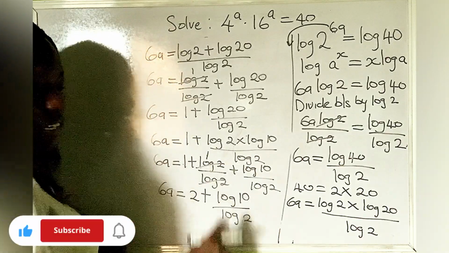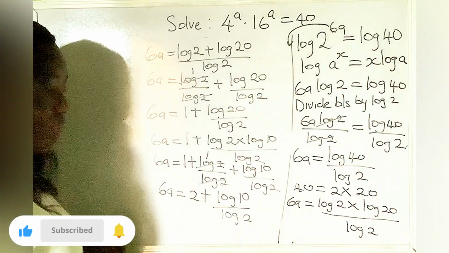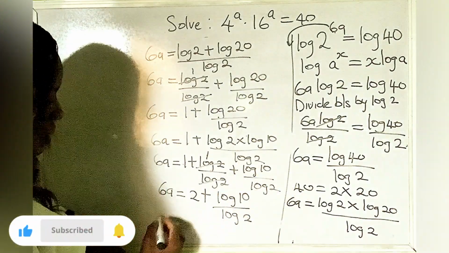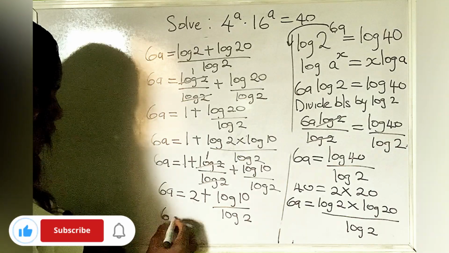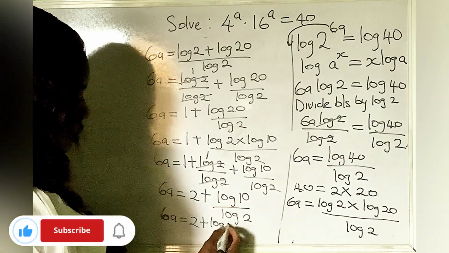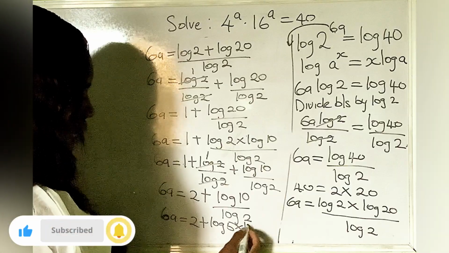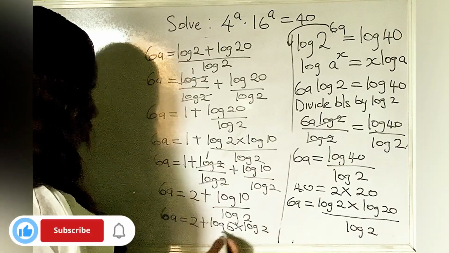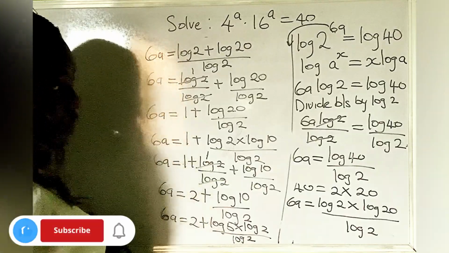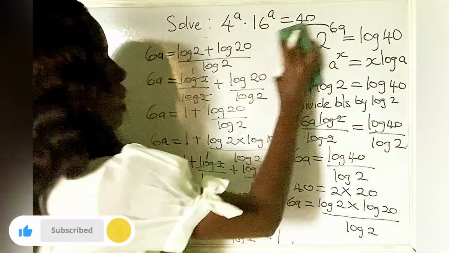Again, we can still rewrite 10, right? We can rewrite 10 as 5 multiplied by 2. So we can say that 6a is equal to 2 plus log 5 multiplied by log 2 all over log 2. Okay, so let's continue.